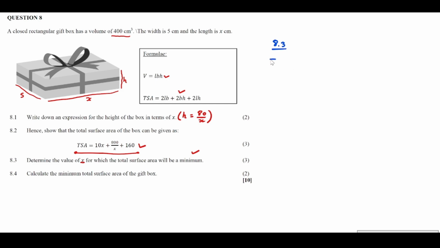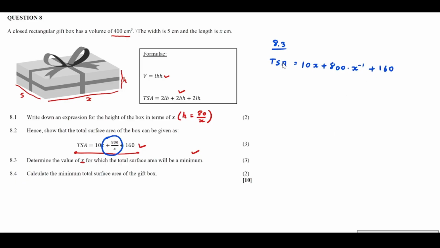So our total surface area now becomes a function. We're going to say our total surface area, which is given by 10x plus, I'm going to change this and write it in exponential form, which is going to be 800 multiplied by x to the exponent of -1 plus 160.